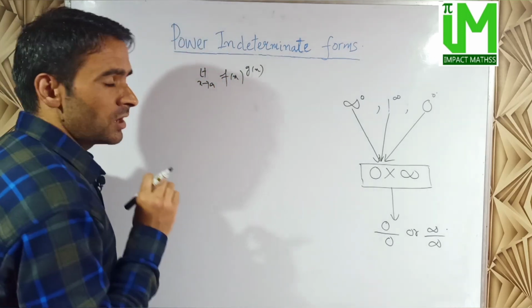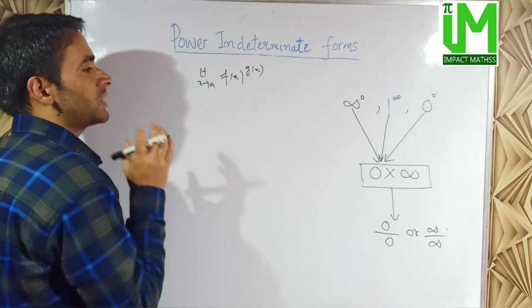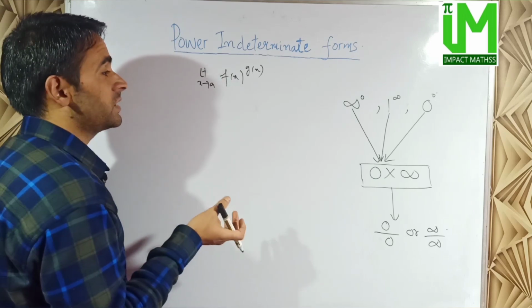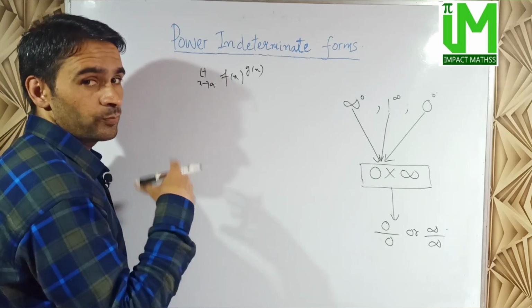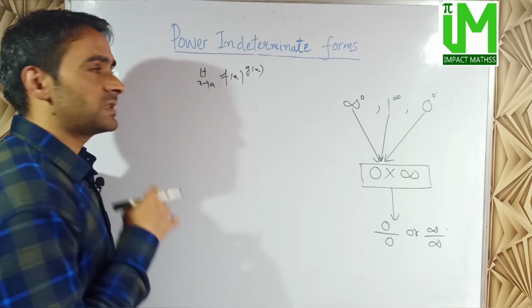In the first case we take log on both sides and second case में we take e as the base. Obviously both of the procedures end up with the same result.